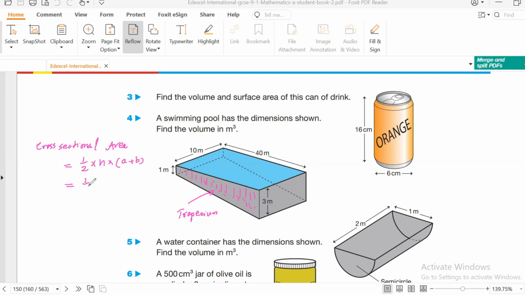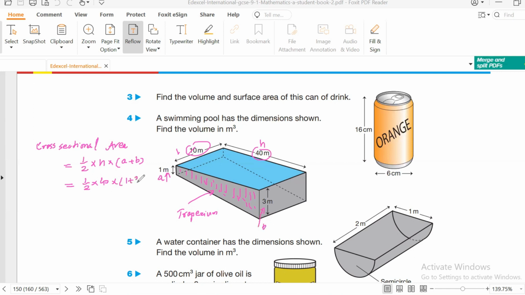So 1 over 2, height I will consider h. No, that is not this one, because the front side is this one. So this one is height, that we will take as length later on when we find the volume. So height is 40, and this is A, 1, and this is B, which is 3.